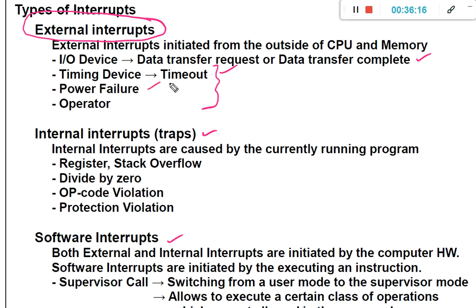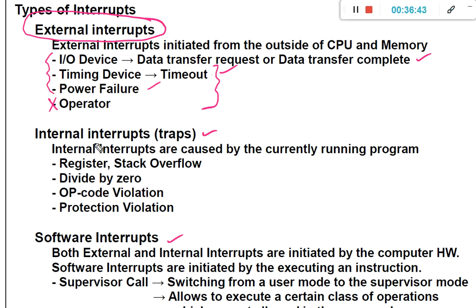Similarly, whenever there is a power failure, it also sends a signal to the processor by generating an interrupt. So these are the basic external interrupts. We need not discuss the operator interrupt.